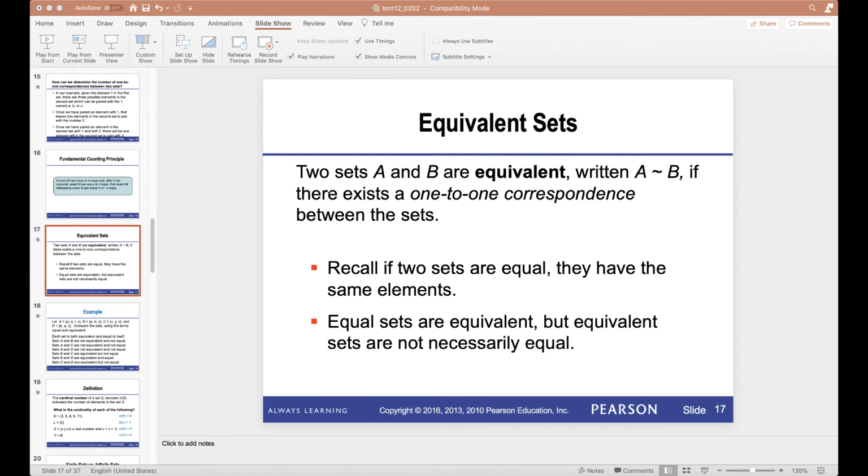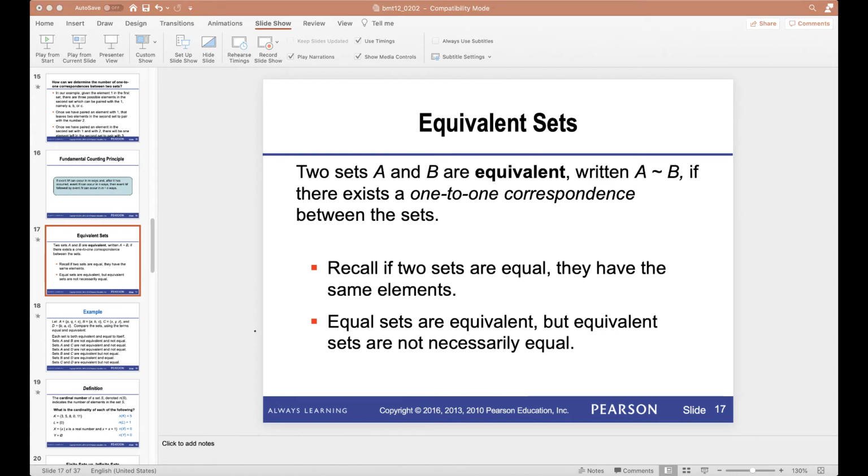So is A equal to B? Yes, they're equal. Is A equivalent to B? Yes. So for this one, it's a one-to-one correspondence. Equivalence means that there's a one-to-one correspondence.